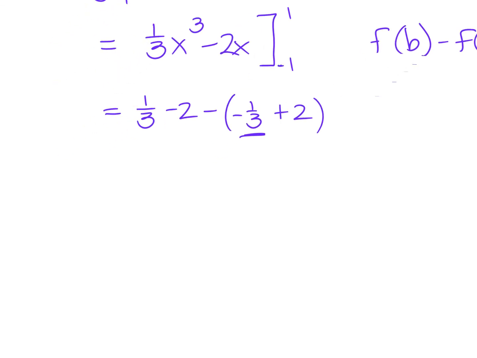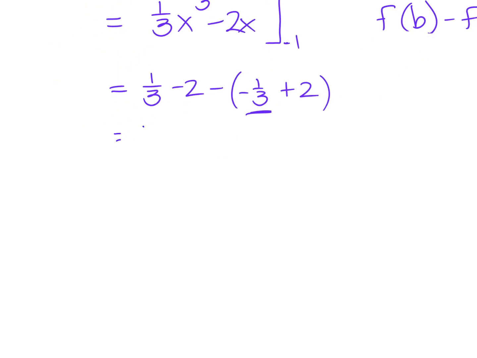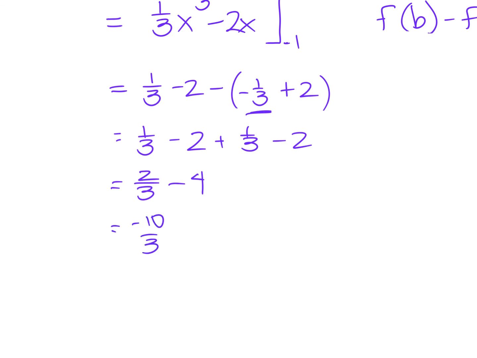So then minus a negative, I'm going to distribute. So I've got 1/3 minus 2 plus 1/3 minus 2. So a total of 2/3 minus 4. In terms of thirds, that's 12 thirds. So I get negative 10 thirds as my final answer on that one.